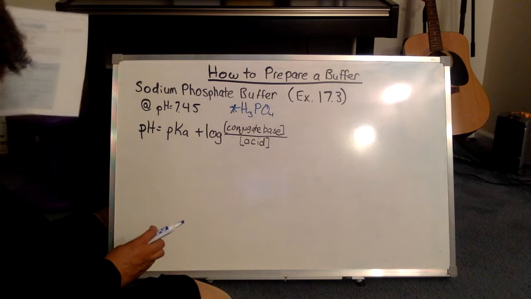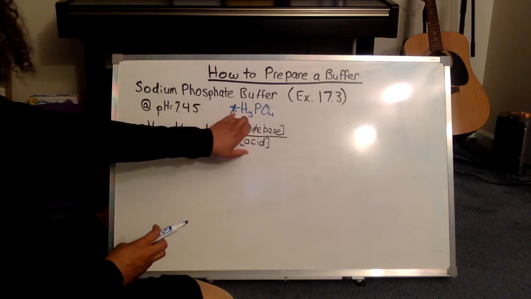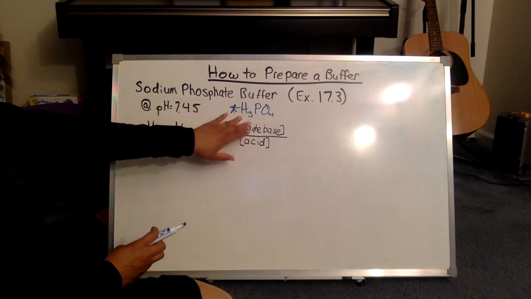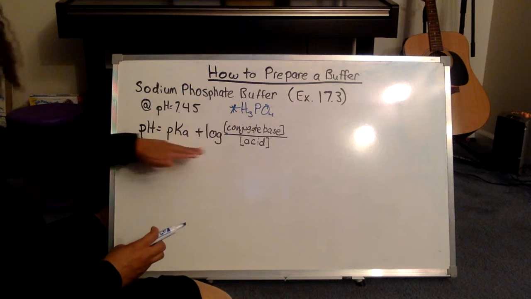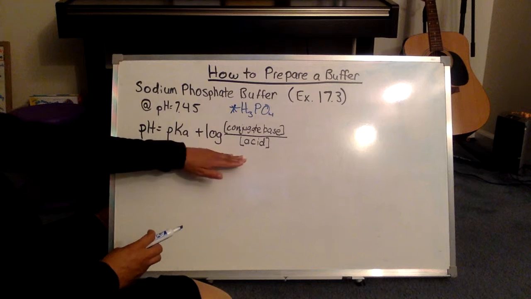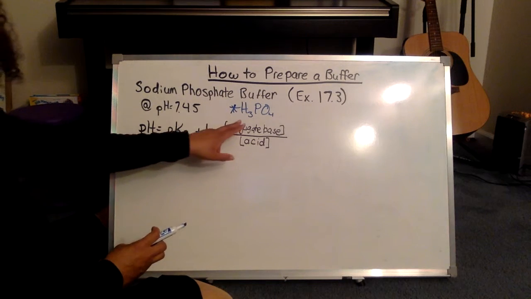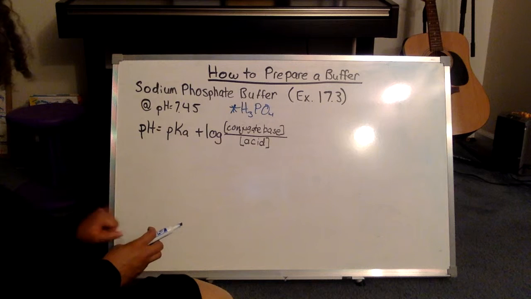Okay. So, in order to figure out how much phosphoric acid we need, we apply it to this Henderson-Hasselbalch equation. So we need to know the pKa, and we need to know the ratio of conjugate base to acid.